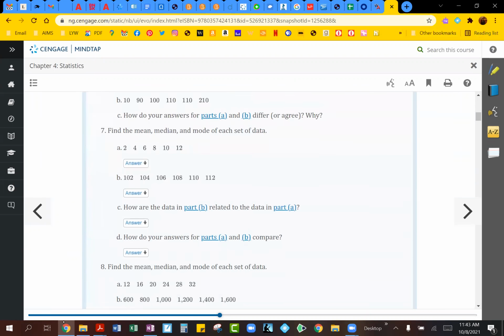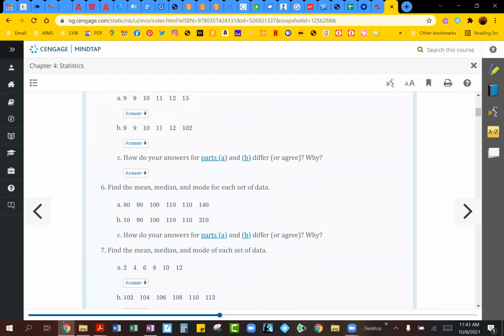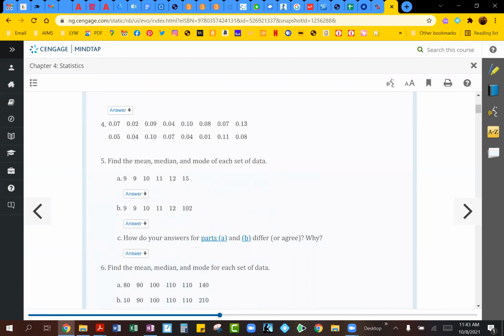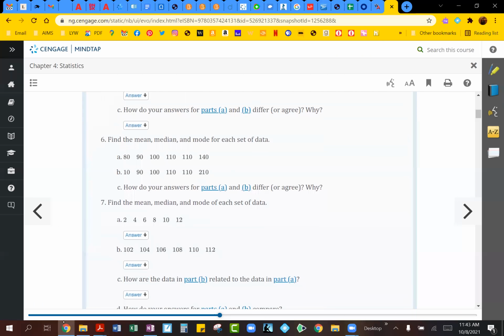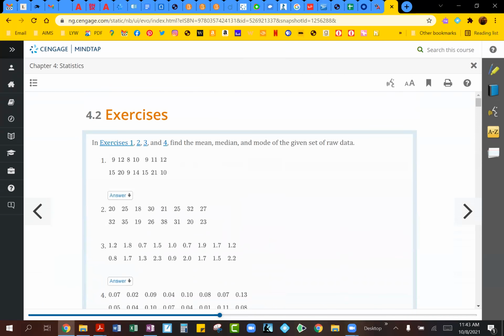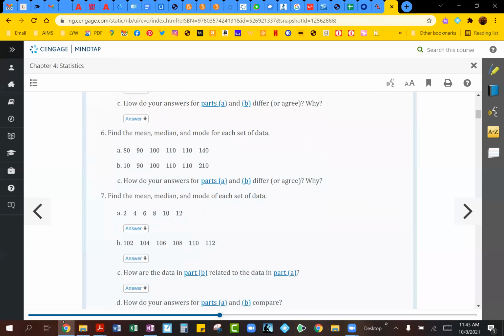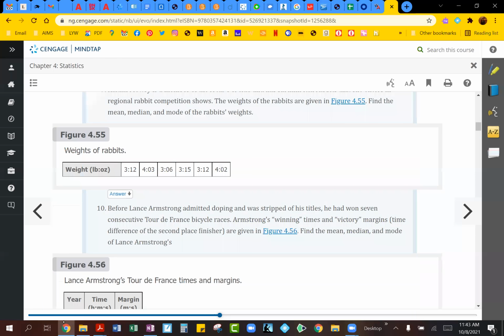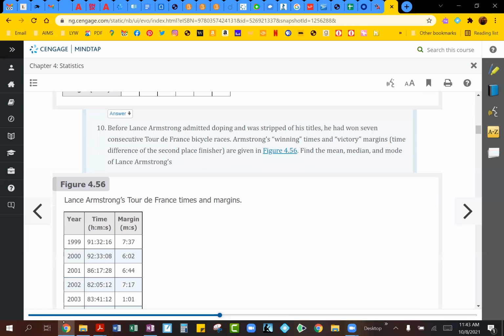So you've got some basic examples at the beginning just to help you get comfortable with the mean, median, mode calculation. You will see these are all going to be single data values. Some of them are decimal, some of them are whole numbers. So you will have some examples like this in your homework.